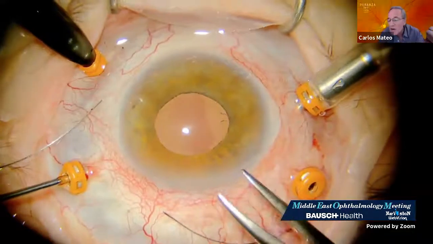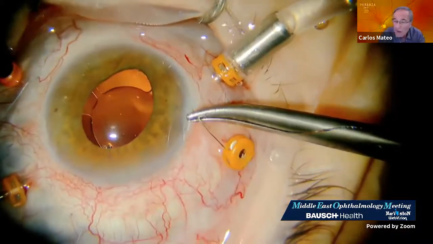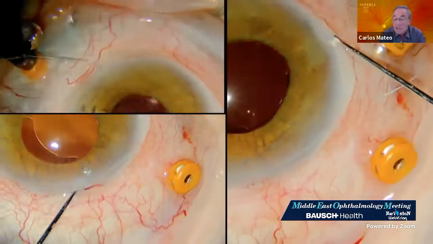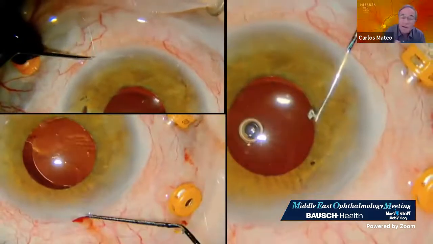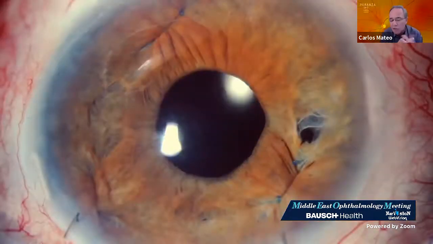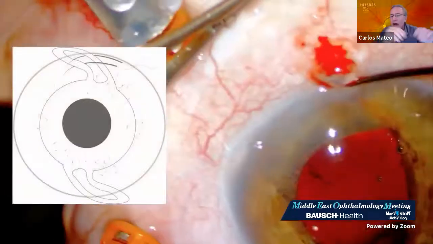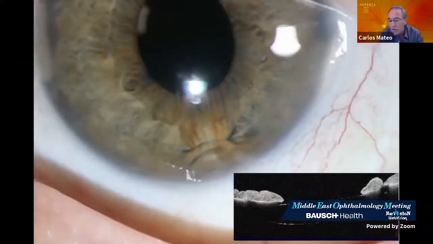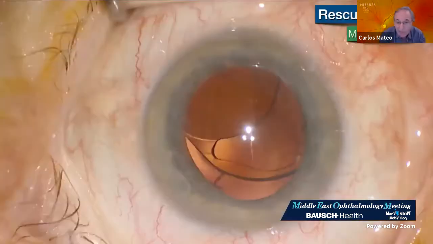This is another kind of lens that was used in Spain many years ago in highly myopic patients. For these lenses, instead of 2 passes, you need 3 passes, but at the end the centration is pretty good. Almost every lens you can suture to the iris. If you have optics, you can suture all of these lenses to the posterior surface of the iris.